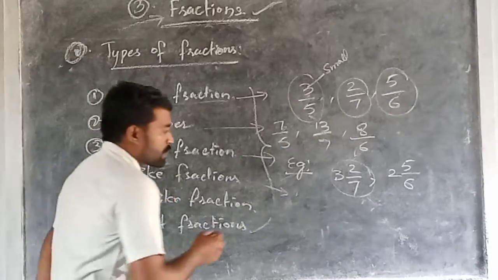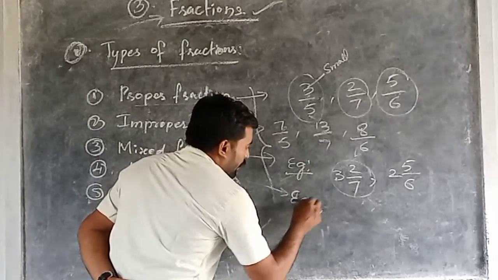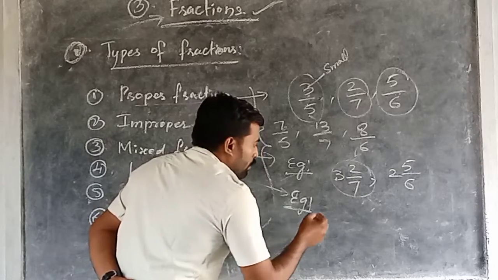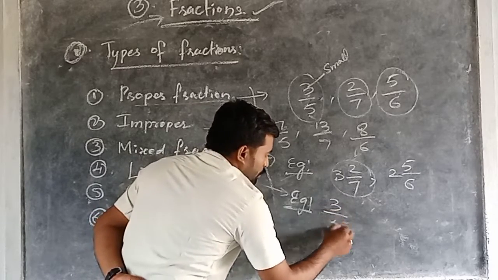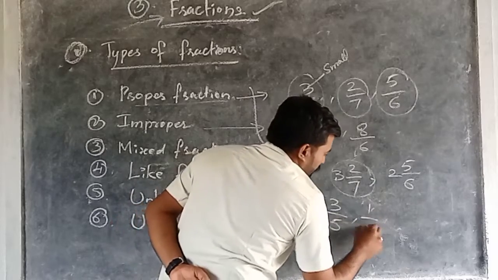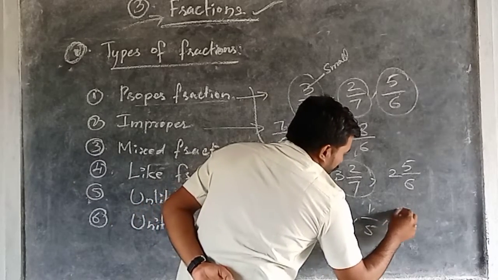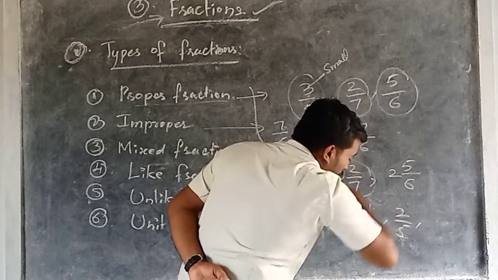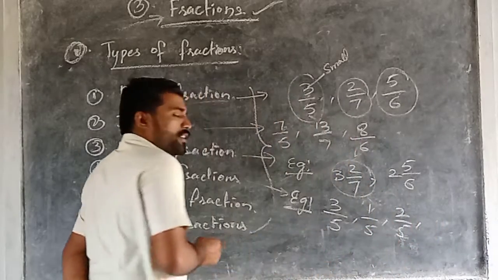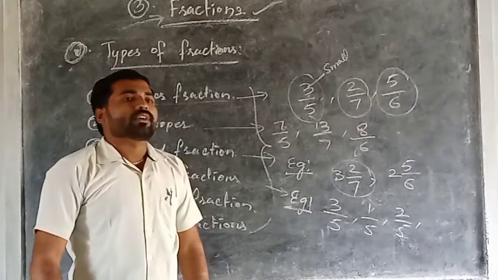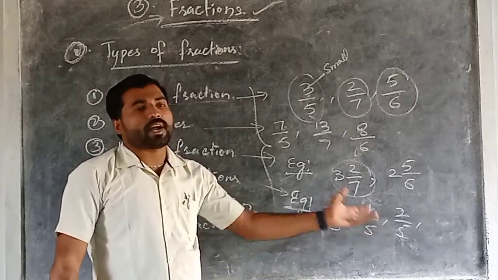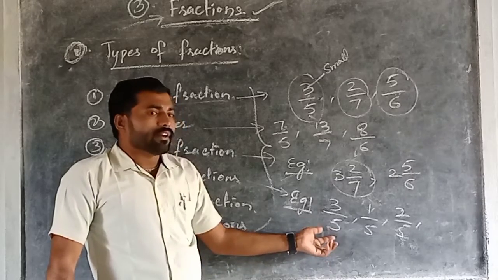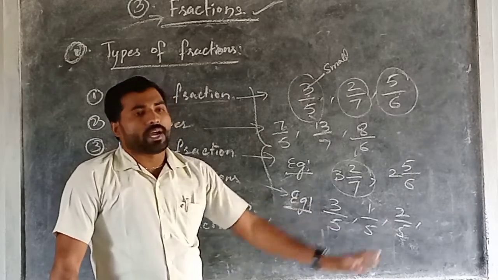Okay, suppose I am writing some fractions on the blackboard as an example: 1 by 5, 3 by 5, 2 by 5. If you look at these three fractions, in every case the denominator is 5.